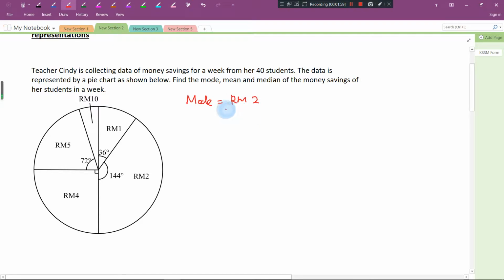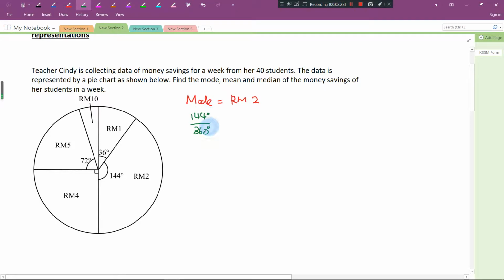So let's say the question asks you to find the frequency for the mode, that means RM2. How do we get the frequency? Total degree of a full turn will be 360. Out of 360 degrees, this sector takes up 144 degrees.